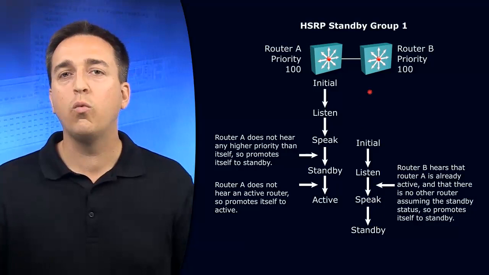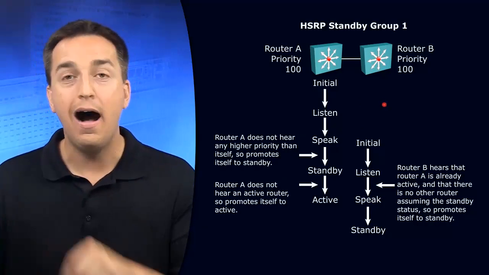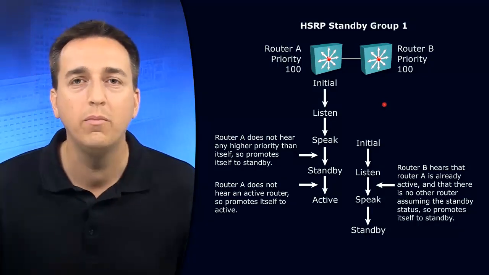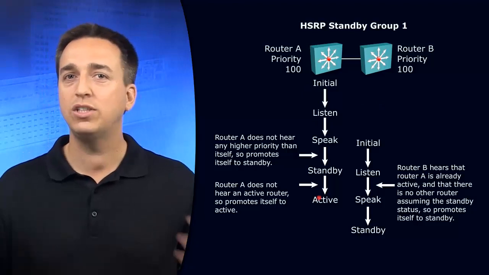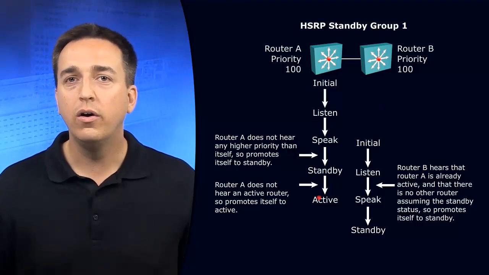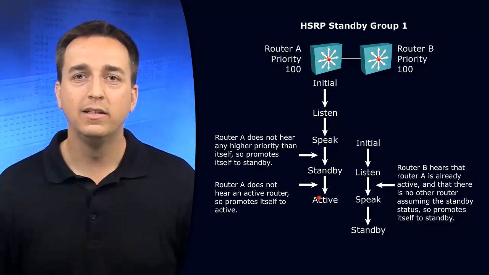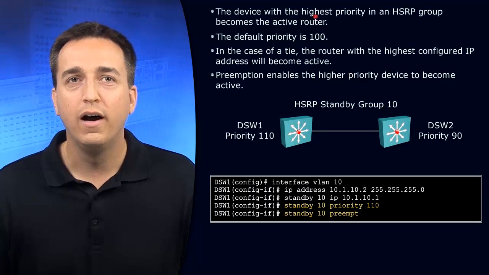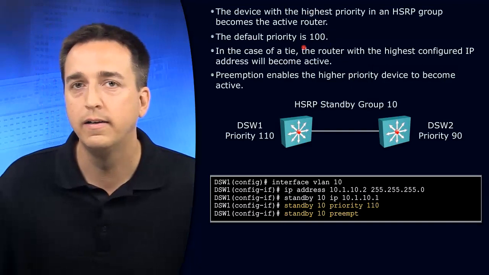So even though Router B has the higher IP address, it doesn't become the active router, because this race to the active state overrides that process of highest priority followed by the tie by default.